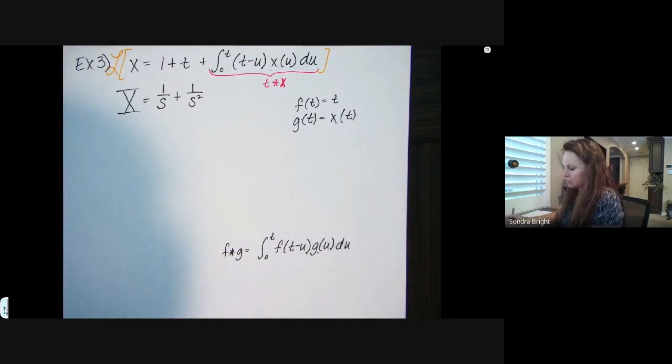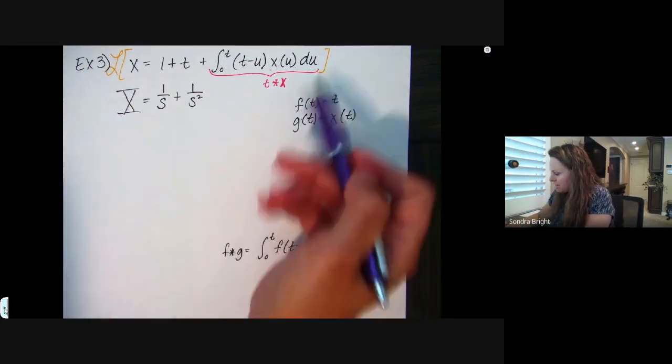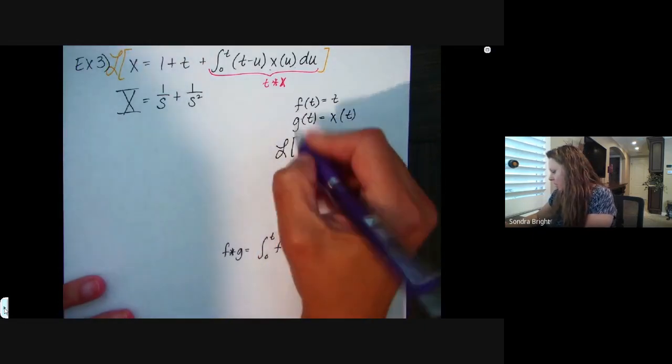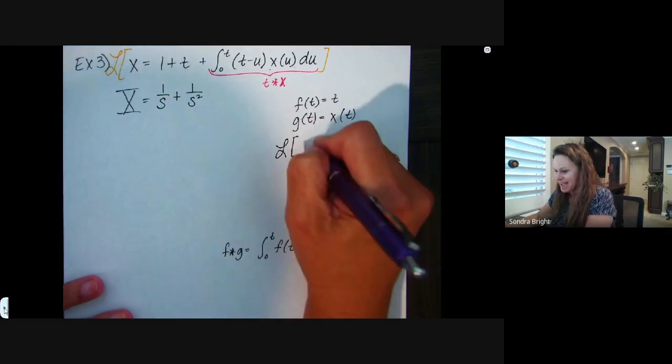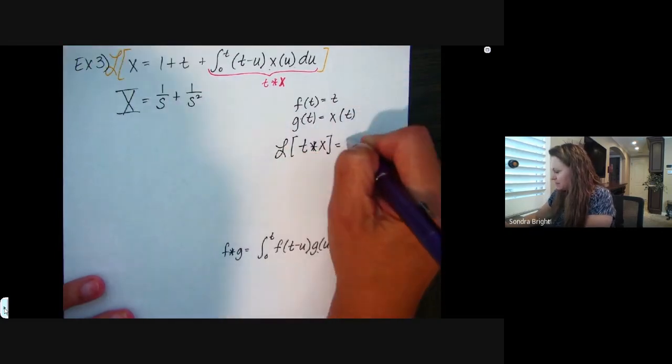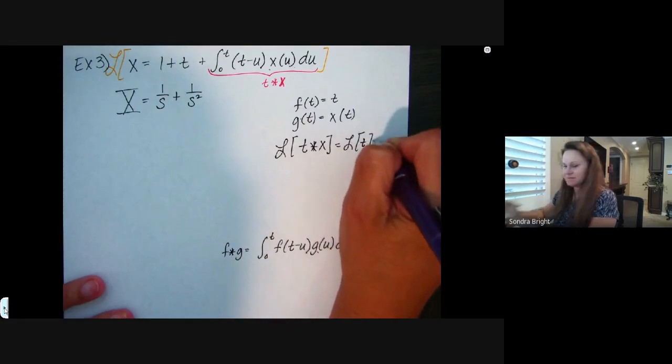So this is the convolution of that, and if you remember, the Laplace transform of the convolution of t and x is equal to the Laplace transform of t times the Laplace transform of x.